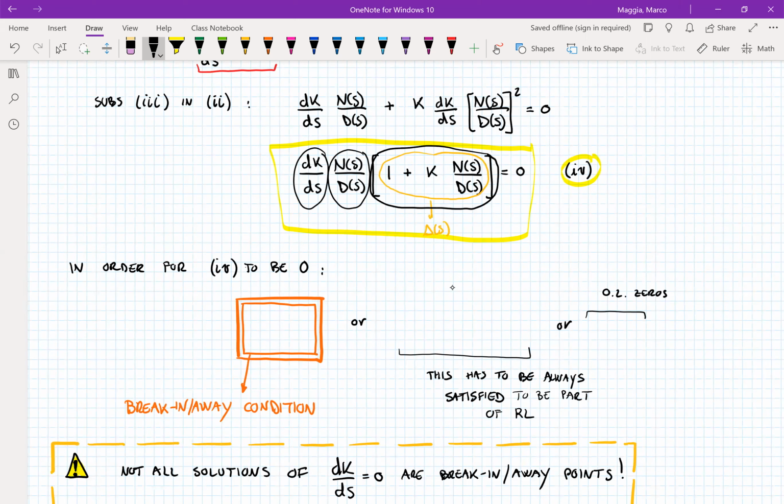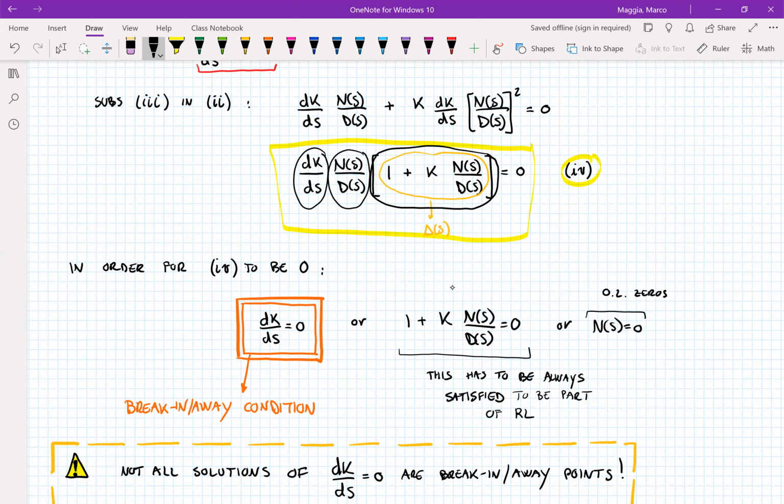Either one of these factors, I should say. So the first one being dk over ds equals 0, or we have n of s equals 0, or the third factor being 1 plus k times n over d equals 0.